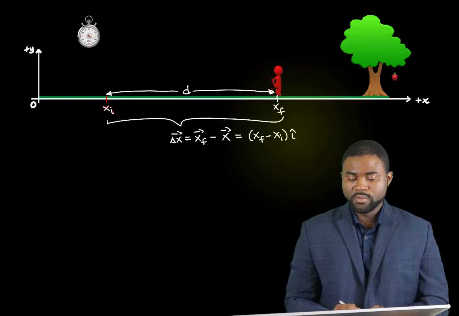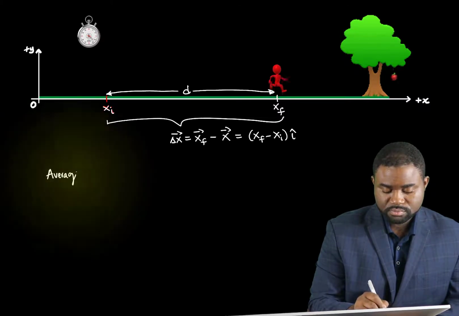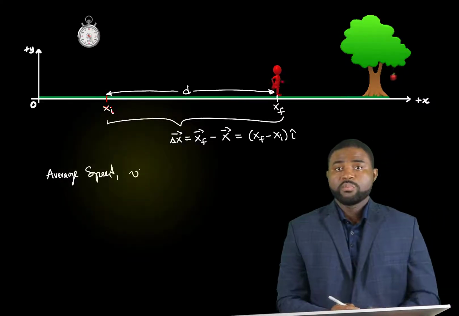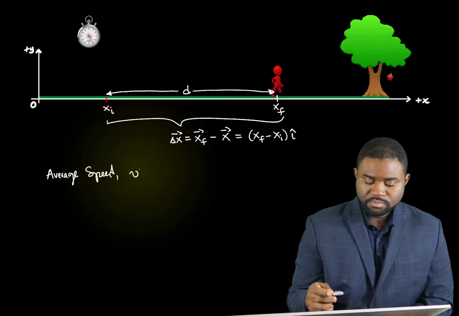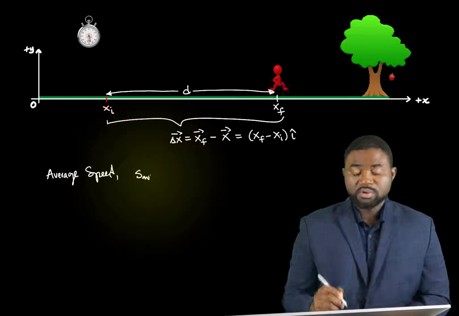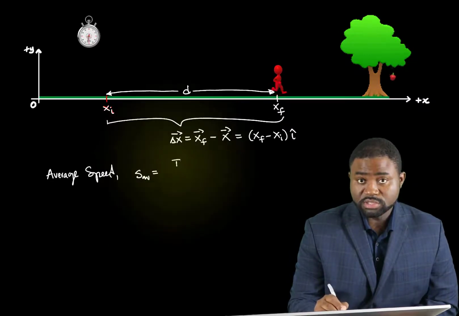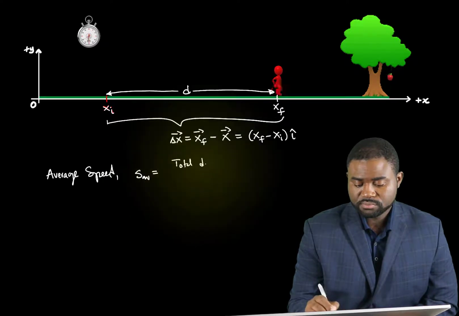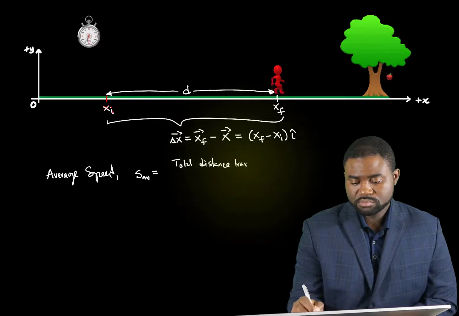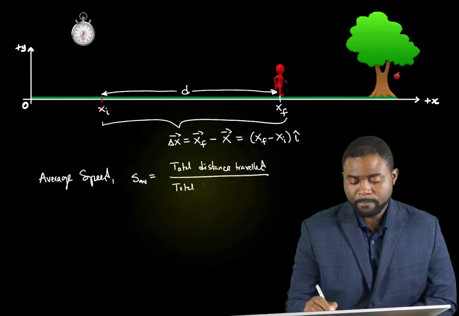So what do we do now? His average speed, I'm going to indicate the average speed by s. This is defined as the total distance traveled divided by the total time taken.